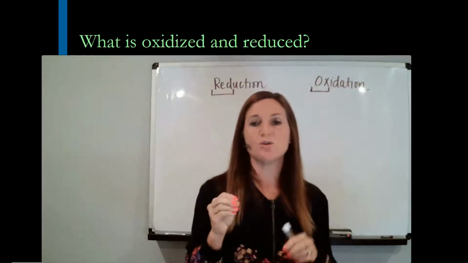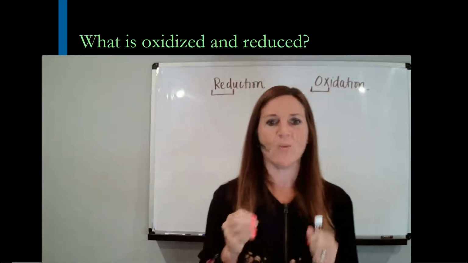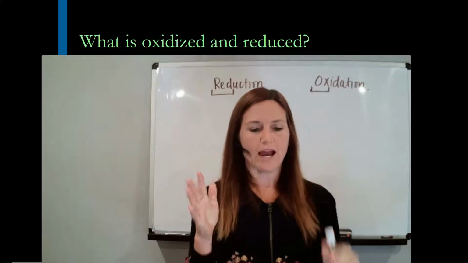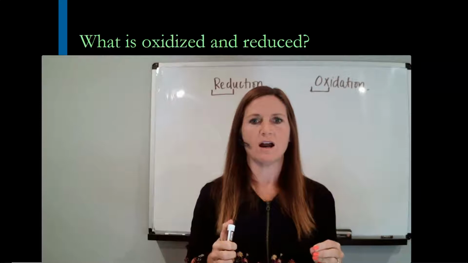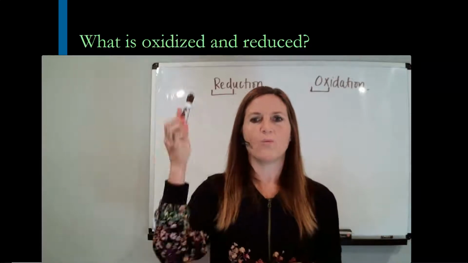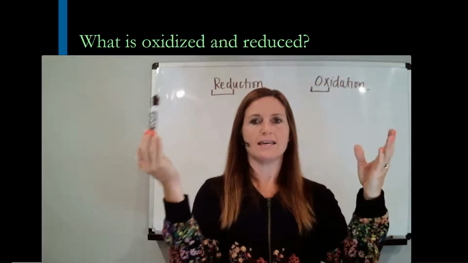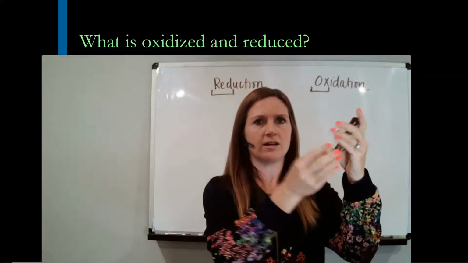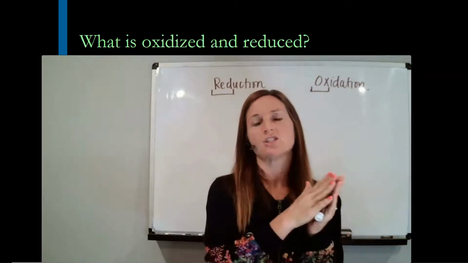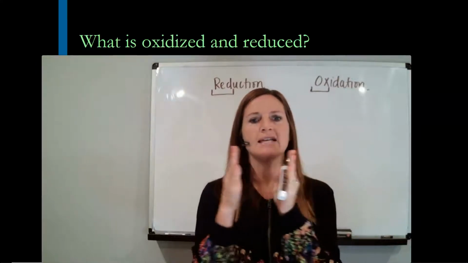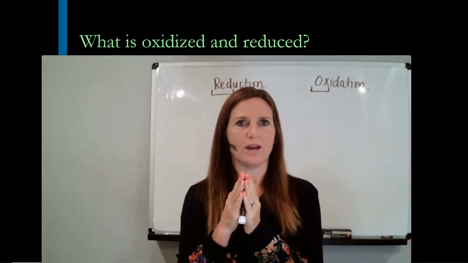So this is two things happening at once. Redox reactions are paired because they are a transfer of an electron. One compound gives the electron to the other compound. That's both a reduction reaction and an oxidation reaction.